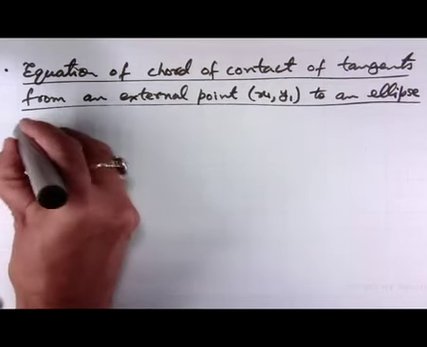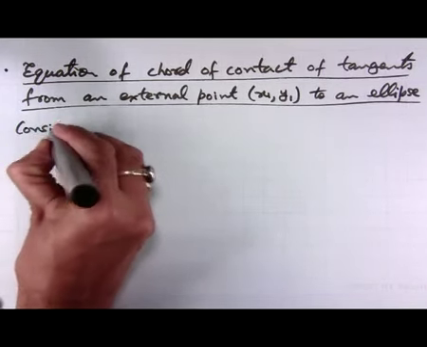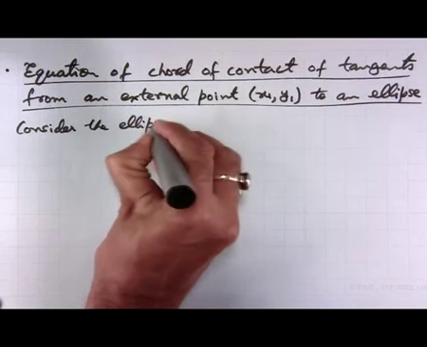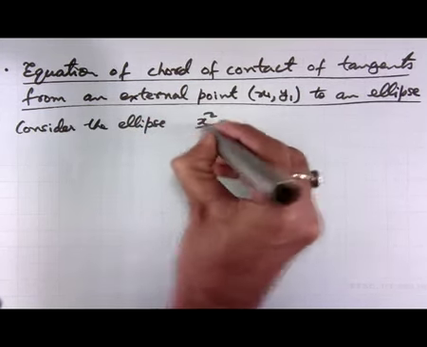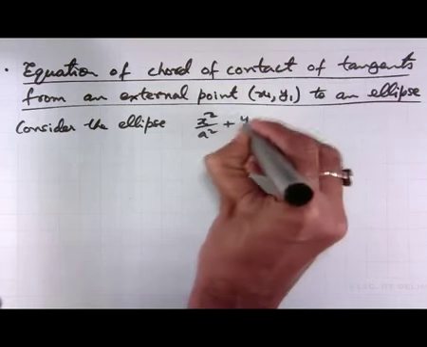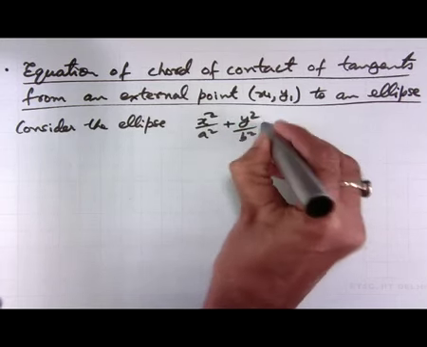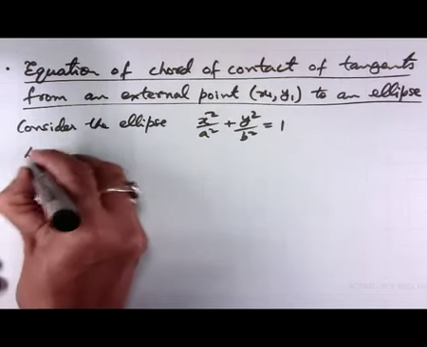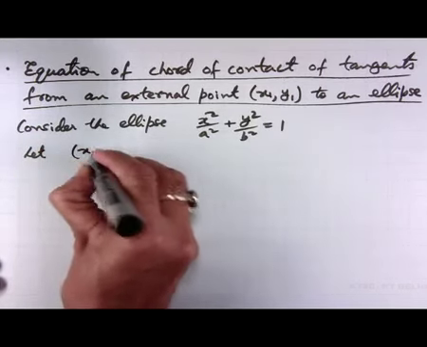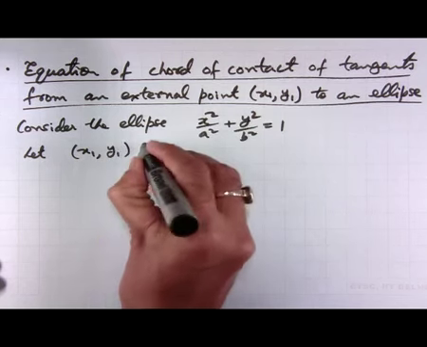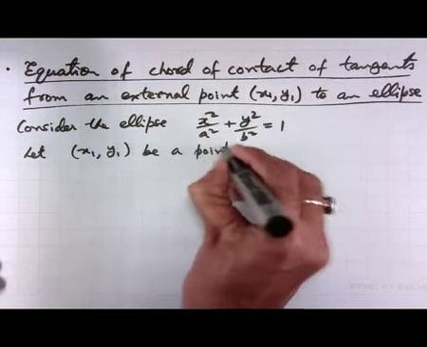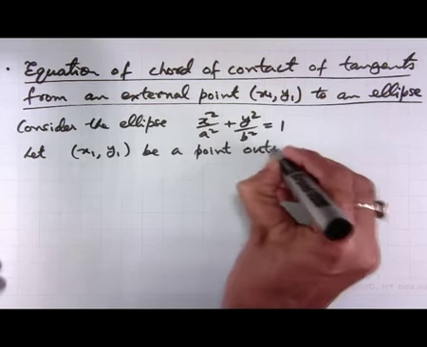So, consider the ellipse x square by a square plus y square by b square equal to 1, and let (x1, y1) be a point outside the ellipse.